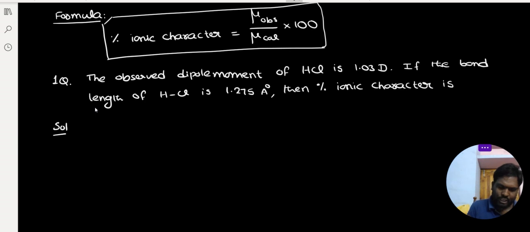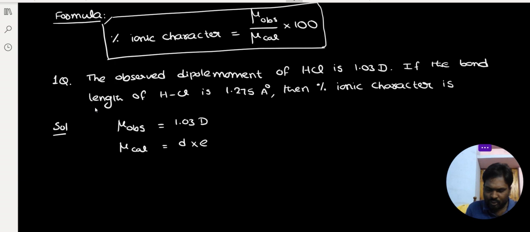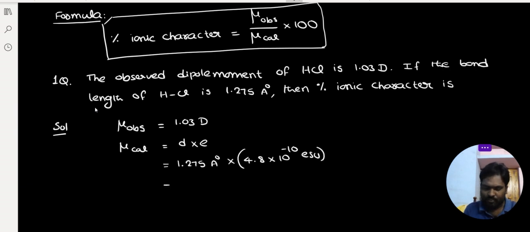So now, the solution. Mu observed is already given: 1.03 debye. Now, mu calculated equals d into e. Debye is a CGS unit. Distance between the two atoms is 1.275 angstrom, and the charge in ESU is 4.8 into 10 to the power of minus 10 ESU. 1 angstrom is 10 to the power of minus 8 centimeters.